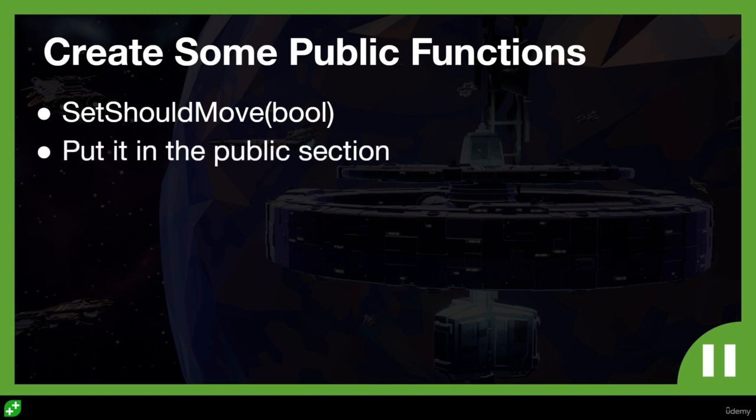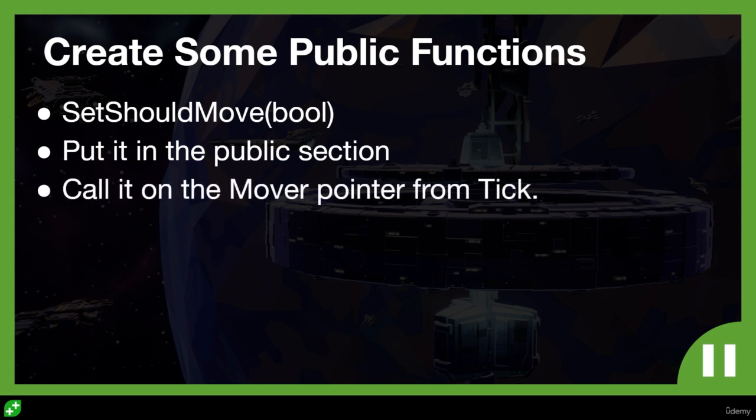And then you can put it in the public section. It needs to be public because we're going to try and access it from our trigger component. And you can call it on the mover pointer that we've got in the trigger component from its tick component, setting the appropriate Boolean, whether we want it to unlock or lock again. Pause the video and have a go.